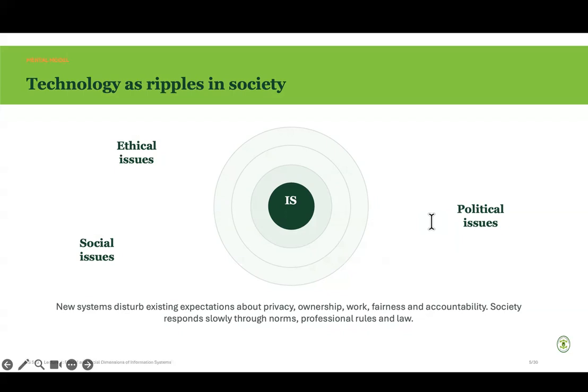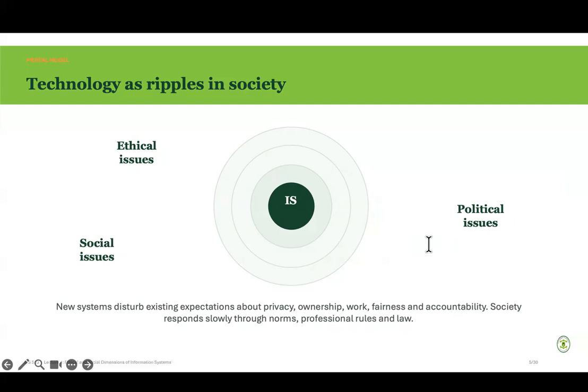The next ripple effect is ethical. Issues about privacy, consent, ownership and responsibility will then arise. Then we see social effects as well. People will change their behavior, their relationships and expectations. And then finally, political questions emerge, such as what rules, what rights, and what regulations society should establish.